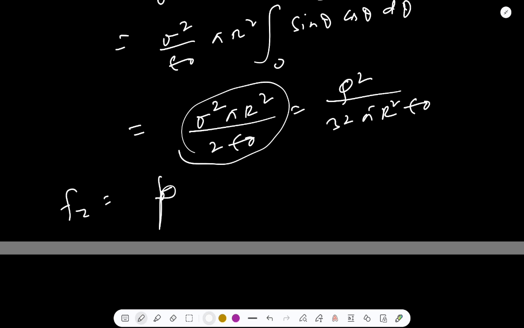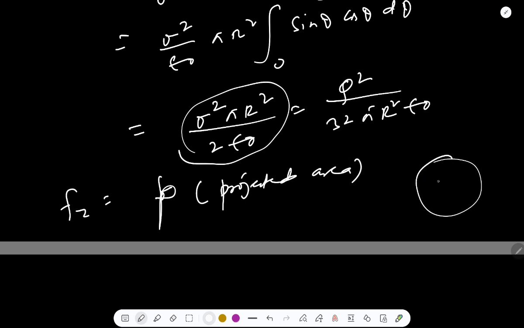This is simply written as pressure multiplied by projected area. A half sphere projects an area equal to pi r square, and if you take some other part of a sphere like this part, it will project an area like this. So you have to take it accordingly.